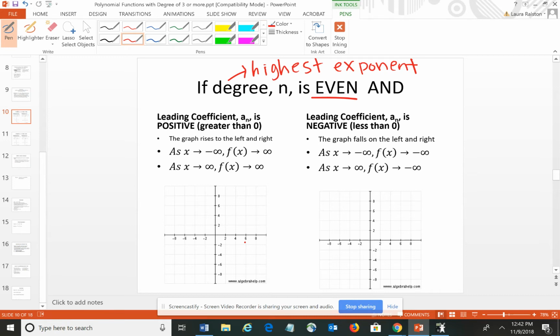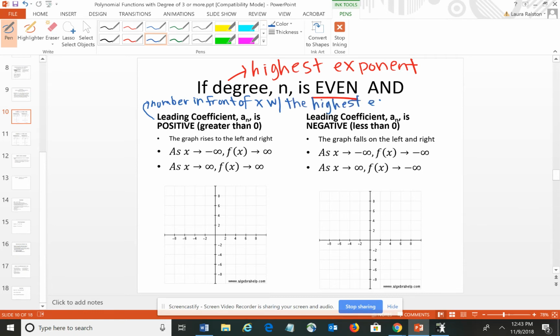Second thing you want to focus on is the leading coefficient. The leading coefficient is the number in front of x with the highest exponent.